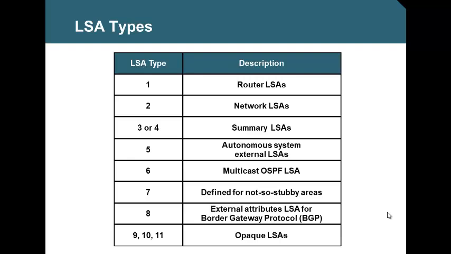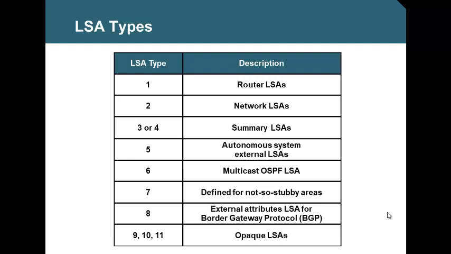Now, for example, all these area 1 networks are distributed using type 1 and type 2, but they are local to the area. If it is local to the area, then how will area 0 know about these networks?